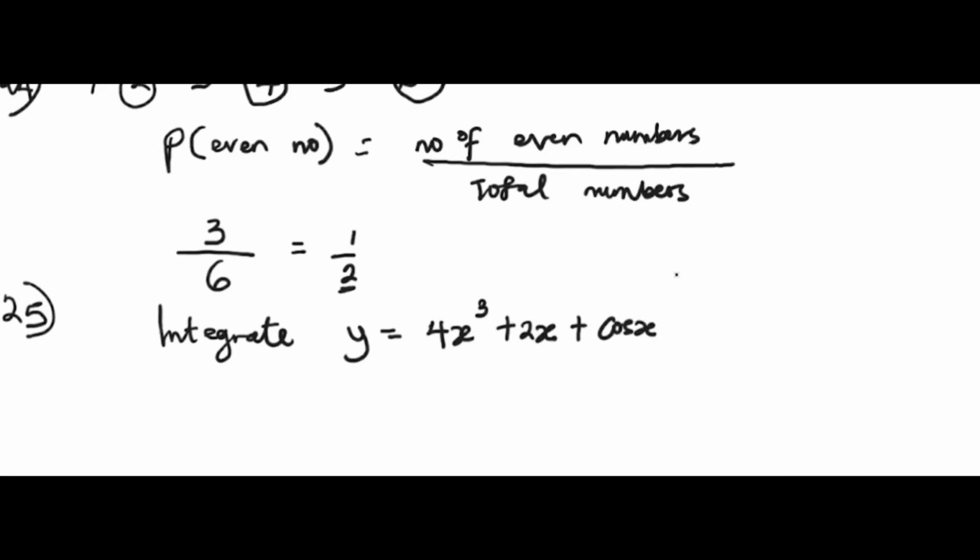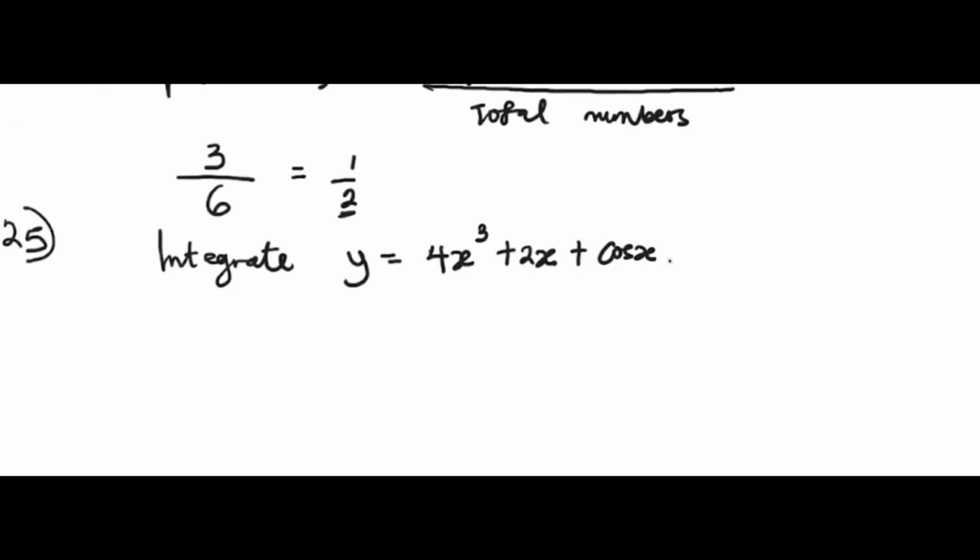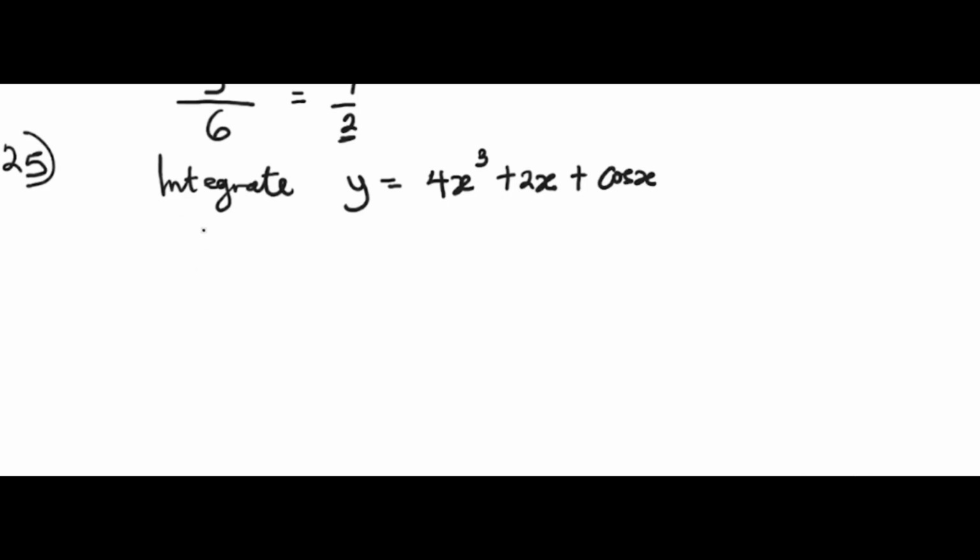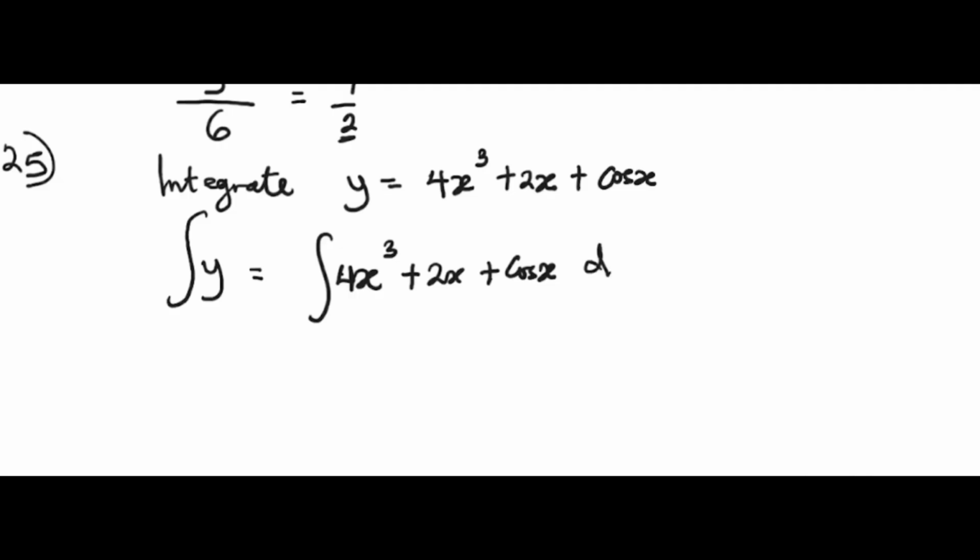Okay, now we're going to be integrating this one. So that means the integral of y becomes the integral of 4x cubed plus 2x plus cos x. So we see that the independent variable there is x. So we're going to be working with respect to that x.